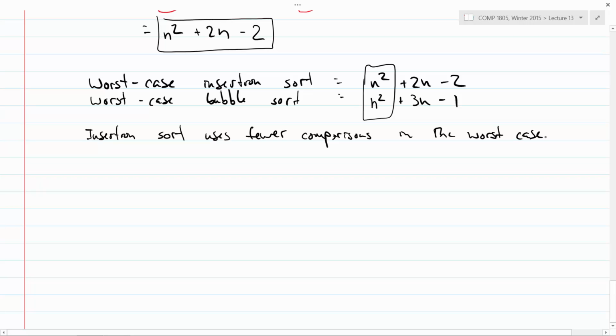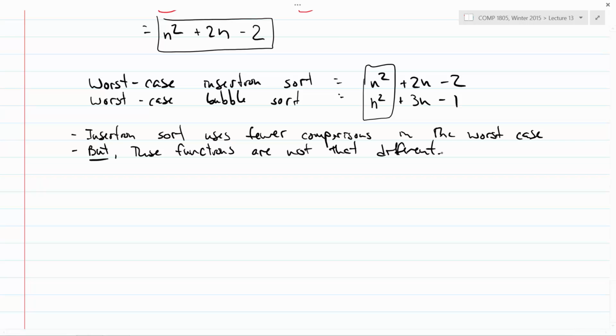That's true. But on the other hand, these functions aren't that different. They're both parabolas. So in some sense, these algorithms are roughly equivalent in the worst case. Because what could happen is insertion sort could run much faster. There's always that possibility. Because remember, in insertion sort, we analyzed it in the worst case.